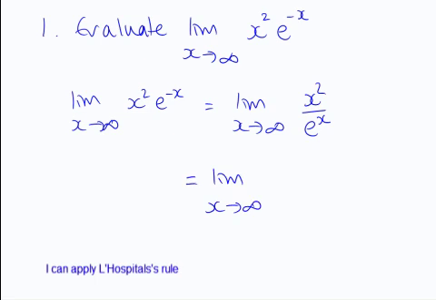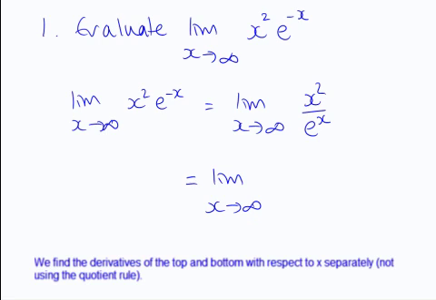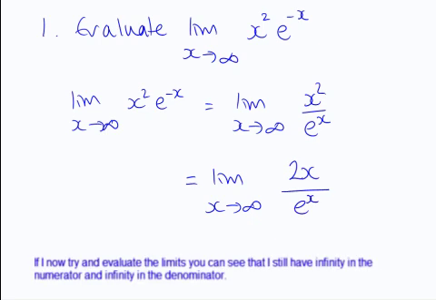So therefore I can apply L'Hopital's rule, and what I have to do is differentiate top and bottom separately. That's important. We're not using the quotient rule to differentiate here. We have the numerator differentiated, which is 2x, and the denominator differentiated, which stays the same. And if I now try to evaluate the limit, you can see that I still have infinity in the numerator and infinity in the denominator.